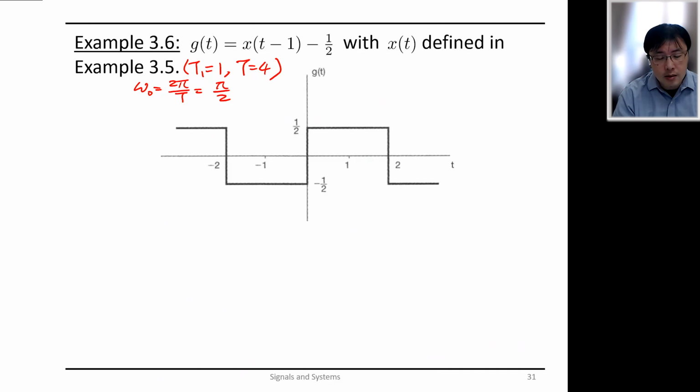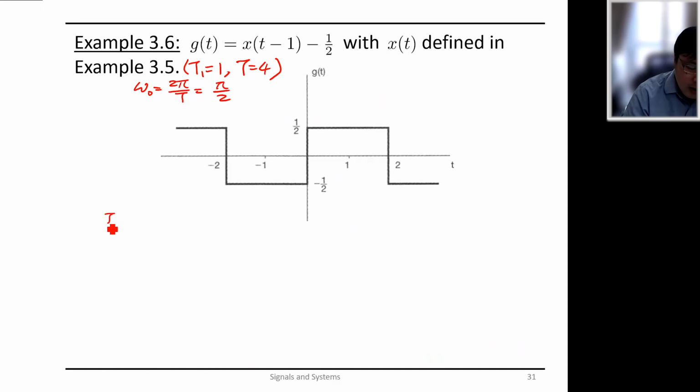Okay. So to find the Fourier series coefficient for g of t, by linearity, we can start out by finding the Fourier series coefficient for this term plus this term. This term is the time-shifted version of x of t, and we also showed the Fourier series coefficient for a time shift in the signal.